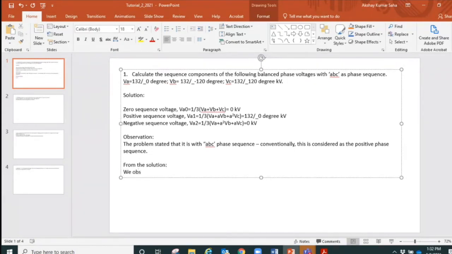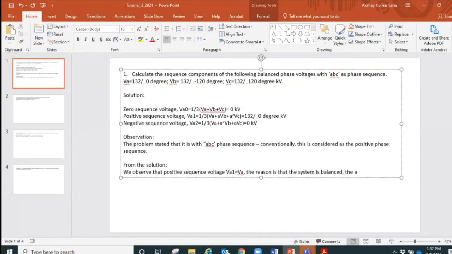we observe that the positive sequence voltage VA1 is equal to VA. The reason is that the system is balanced.